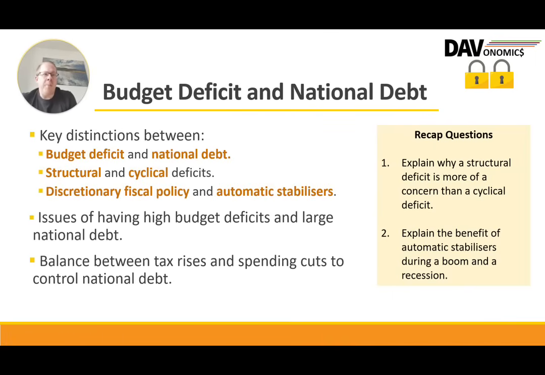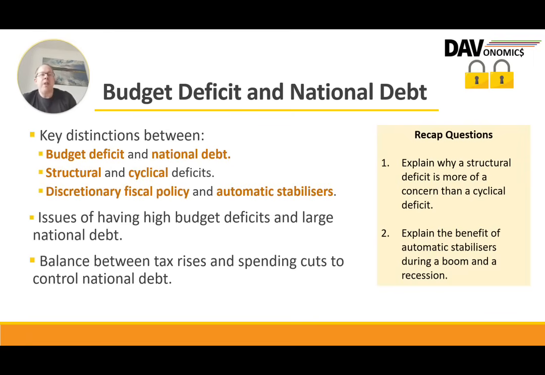And then the final little bit of Pack 5: budget deficit, national debt. Again, lots of these little distinctions. Deficit, accumulating national debt, structural deficit that stays there irrespective of the trade cycle, and the cyclical deficit does not. The choice to use discretionary fiscal policy, whereas automatic stabilisers will automatically try and reduce the fluctuation in the trade cycle through progressive taxation and unemployment benefits.